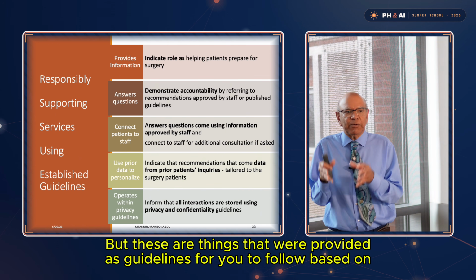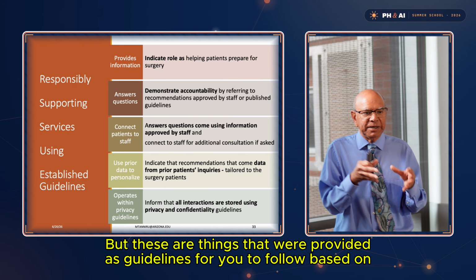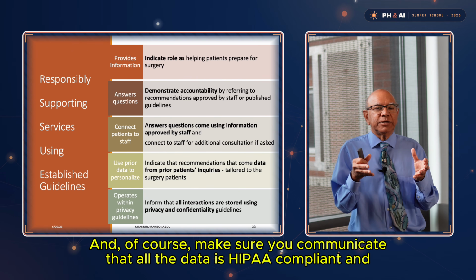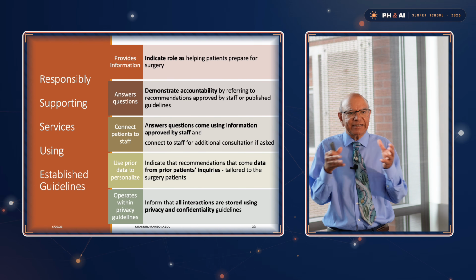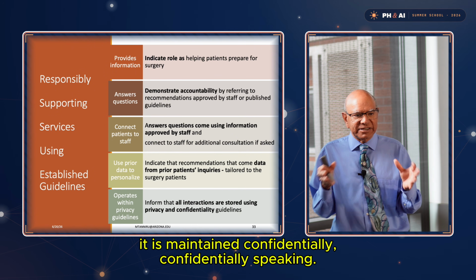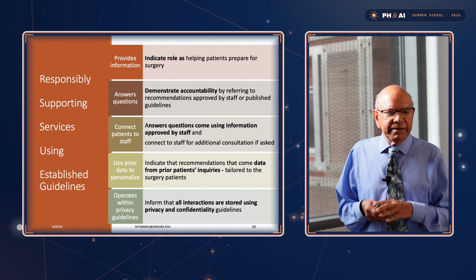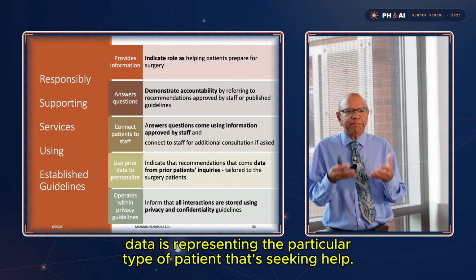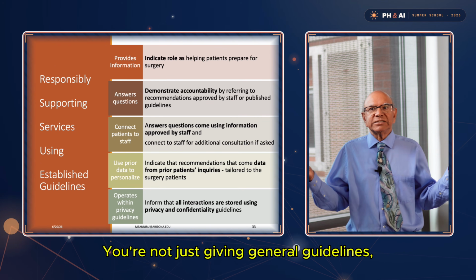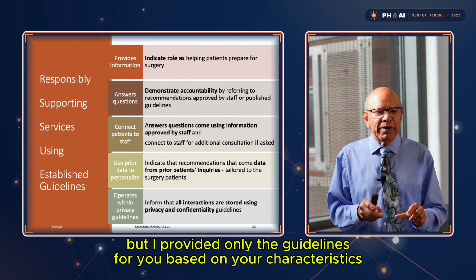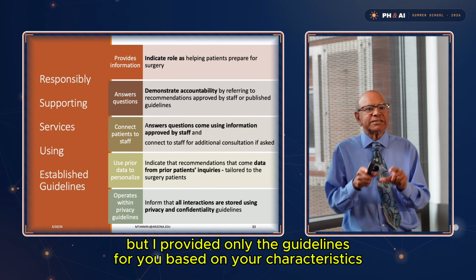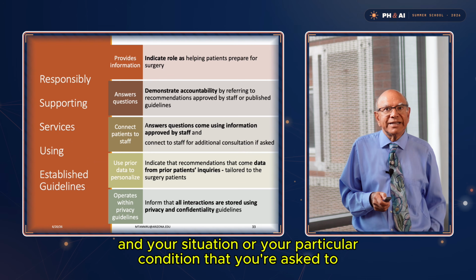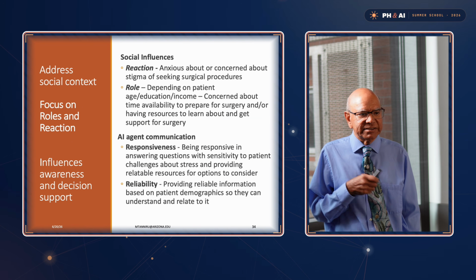But these are things that were provided as guidelines for you to follow based on your surgical process. And of course, make sure you communicate that all the data is HIPAA compliant and it is maintained confidentially. And of course, ensure that the data is representing the particular type of patient that's seeking help. You're not just giving general guidelines, but providing only the guidelines for you based on your characteristics and your situation or your particular condition that you're asked to address.